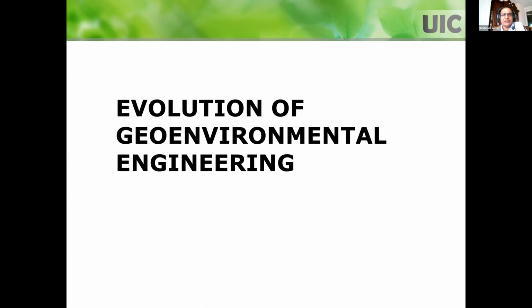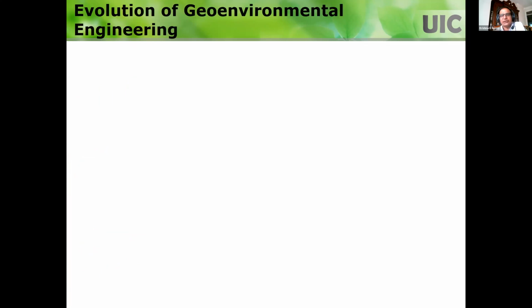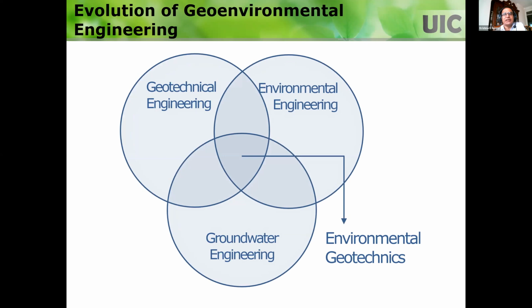As I mentioned, geoenvironmental engineering is kind of a new field. In the beginning, environmental engineers were doing their own things. Geotechnical engineers were doing, the same thing, their own things. Groundwater or hydraulic engineers were doing their own things, but the intersecting areas were not addressed with heavy focus.